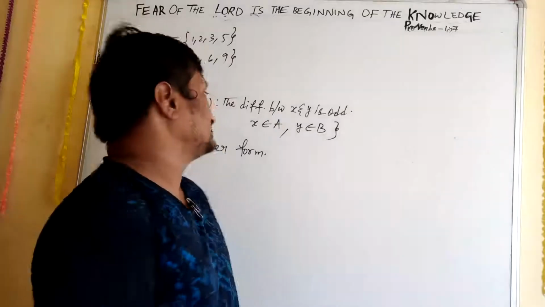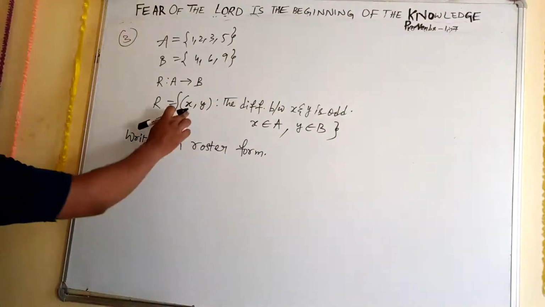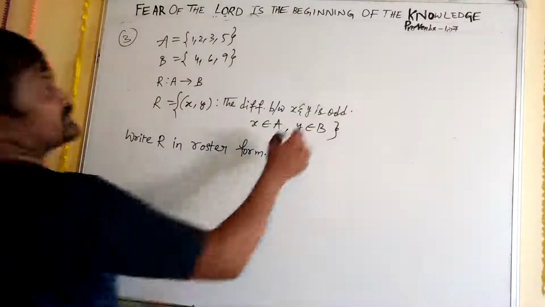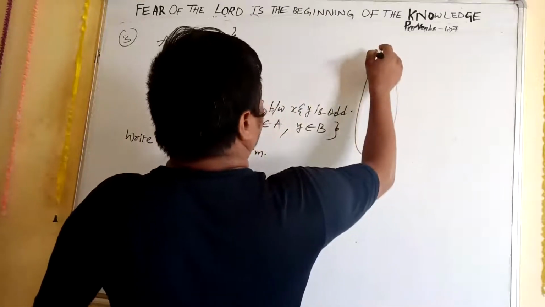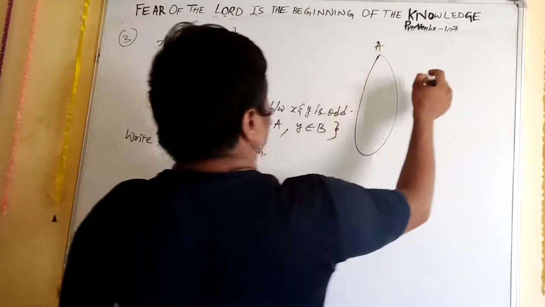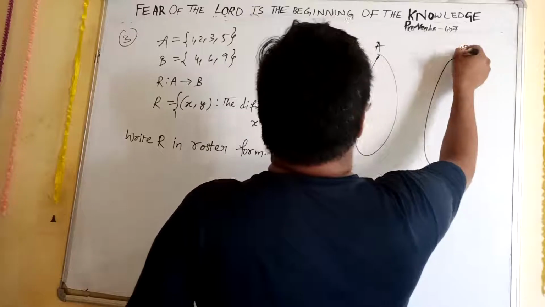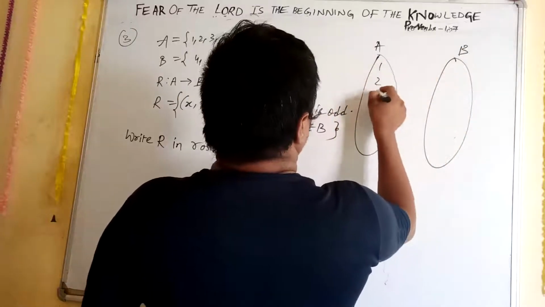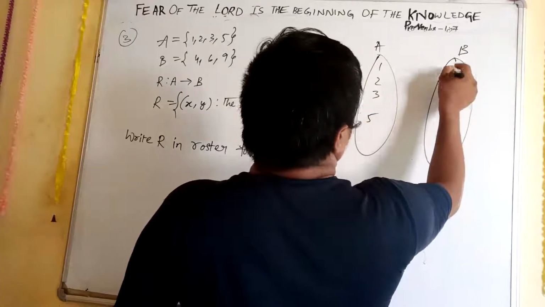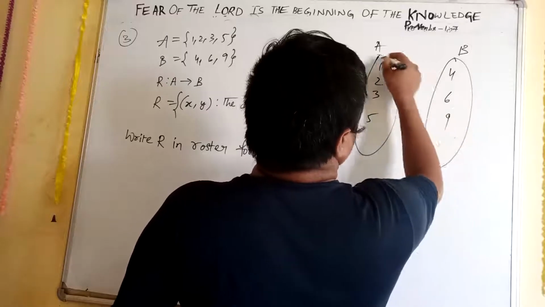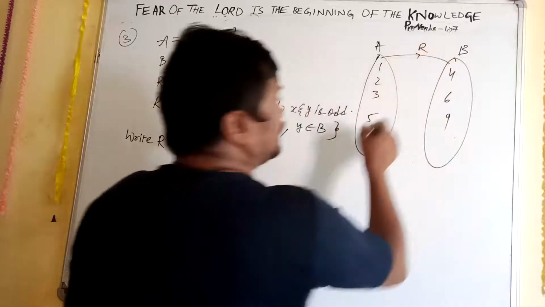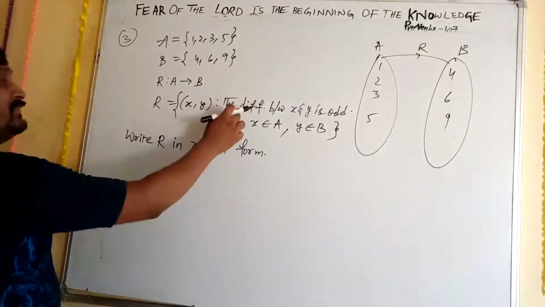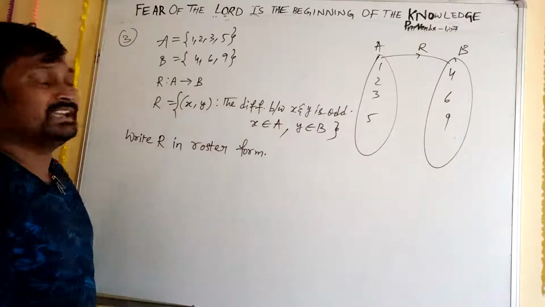Okay? Alright. So now observe carefully. What is your answer? It is very simple. Just observe the diagram, we can understand A and B: 1, 2, 3, 5 and 4, 6, 9. What is the relation? The difference between x and y is odd.